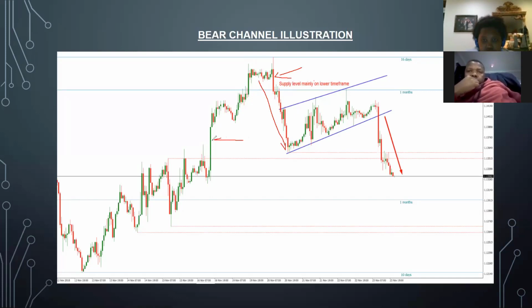Now, can you see this bullish candle here? Can you see that candle? That is a strong demand area. You see how price moved to the upside in a single candle.